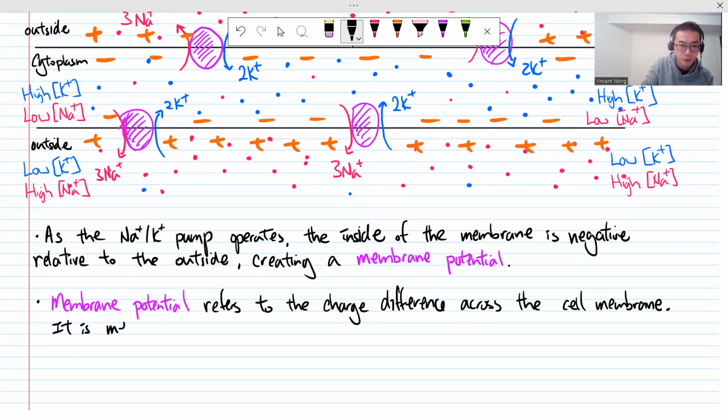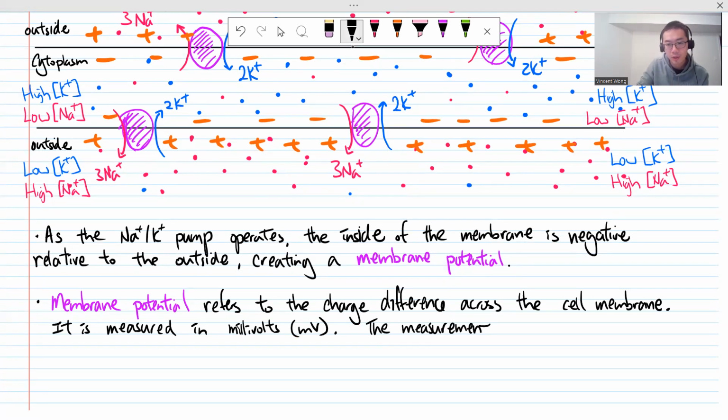It is measured in millivolts, or mV. The measurement is always the inside relative to the outside.